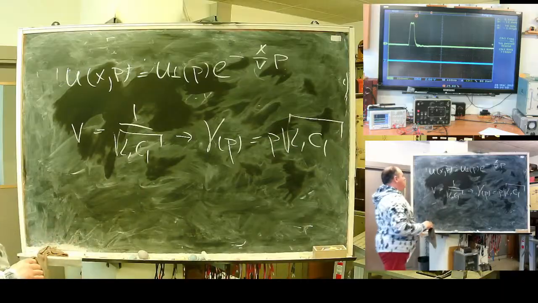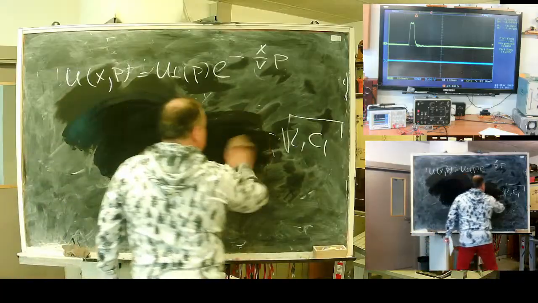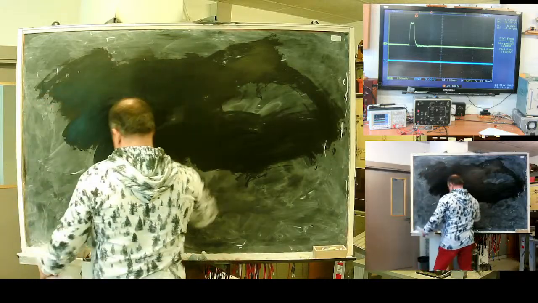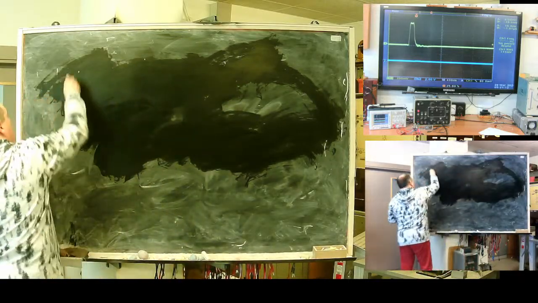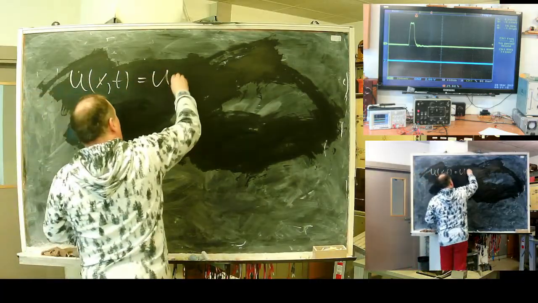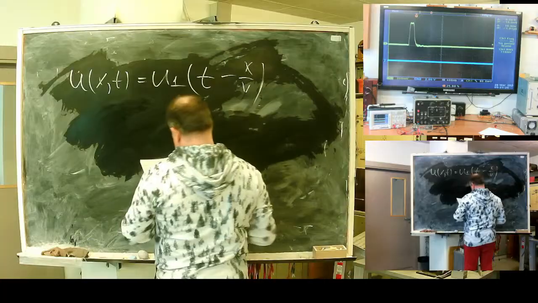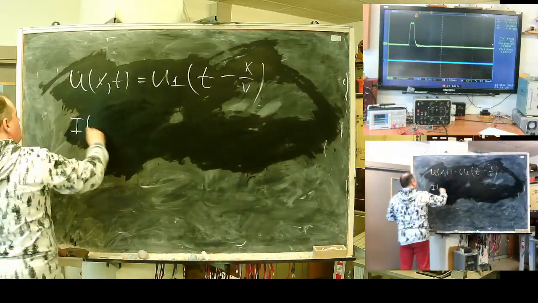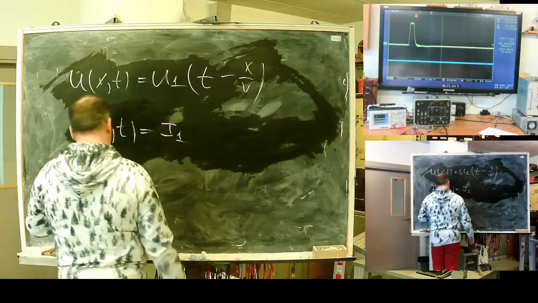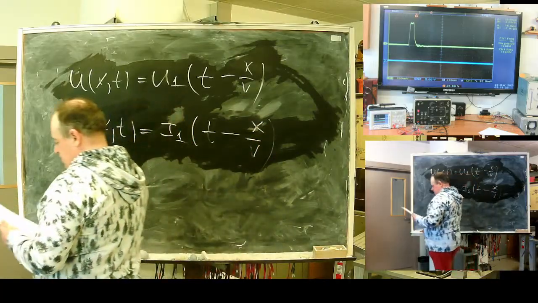So what will we see? We will see a propagating wave. Voltage will be sending voltage at t minus x divided by v, and current will be sending current at t minus x divided by propagation speed.